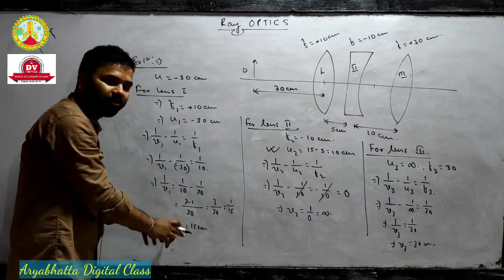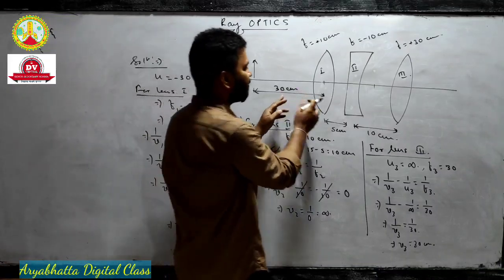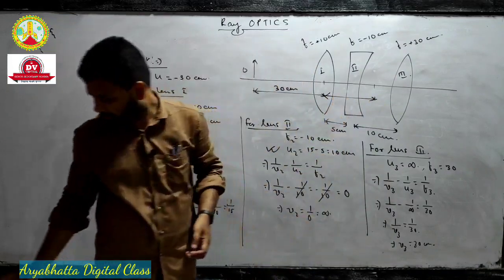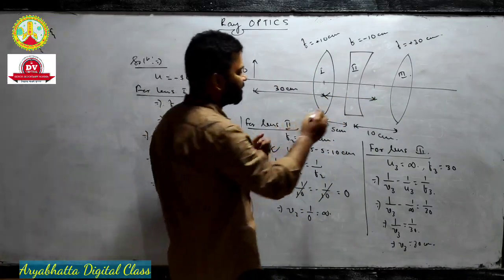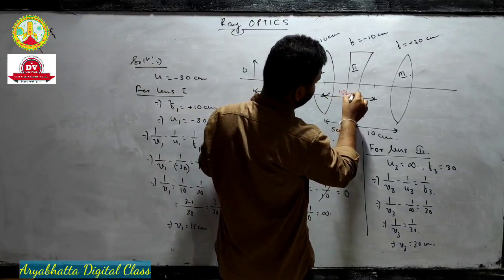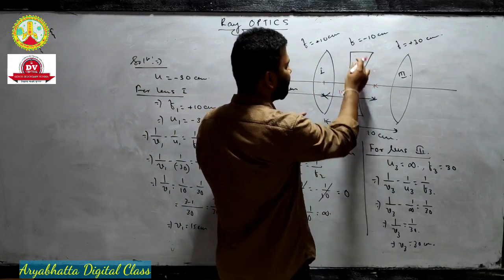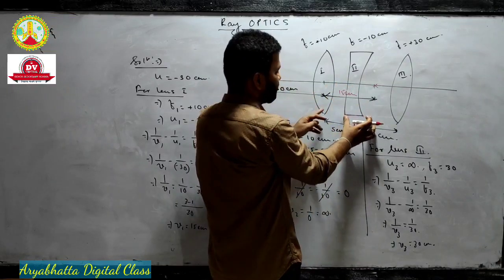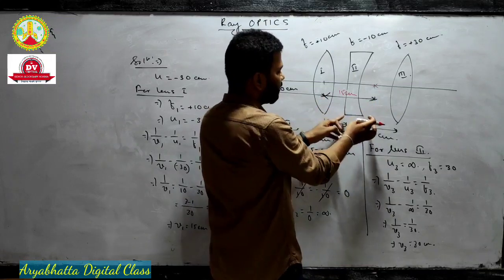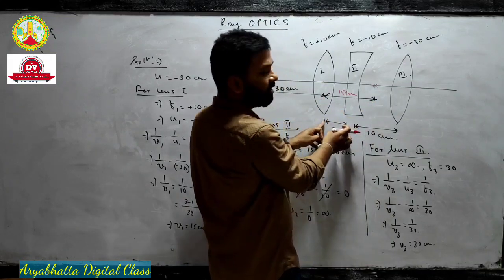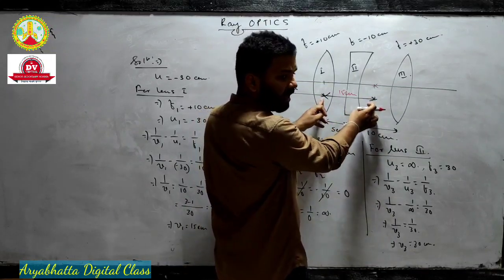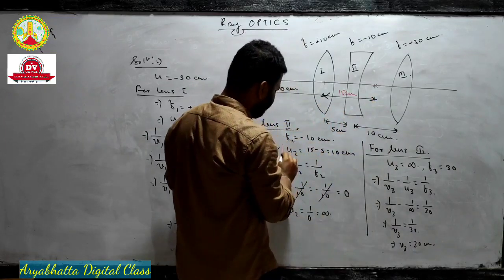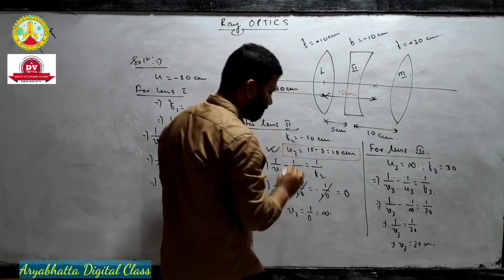I calculated its image. So the image distance for the first lens, from here to here, I got 15 centimeter. So this is the object for this lens. But for this lens, the object distance is this much, and it will not be calculated from here. So calculating from here, this distance is 5, this distance is 15, so this distance will be 15 minus 5 is equal to 10. This is the important step here.